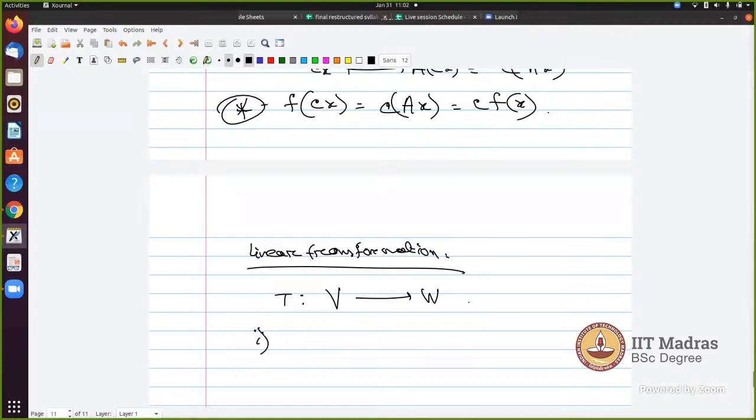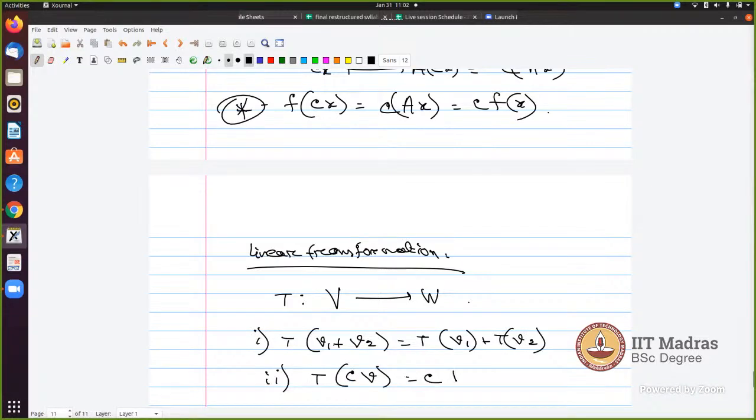What does it mean by respect? That means if we take two vectors v1 and v2, it will respect the addition of those two vectors, and T of cv is basically c of T of v. This is for all v belonging to V, and this is for all v1, v2 belonging to V.